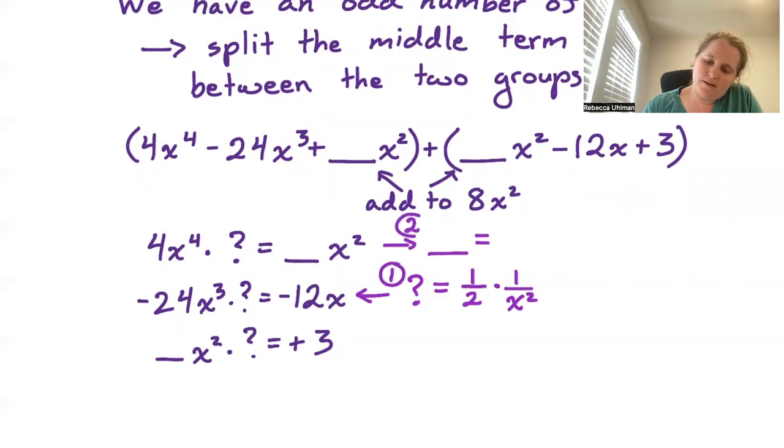And second, our blank should be equal to 4x to the fourth times 1/2 over x squared. We should have 2.